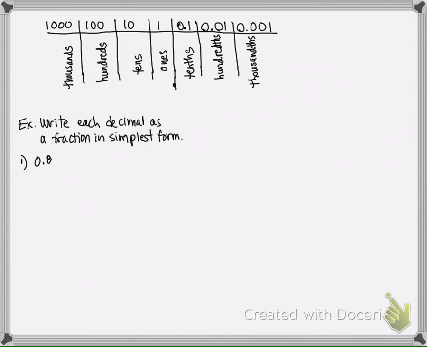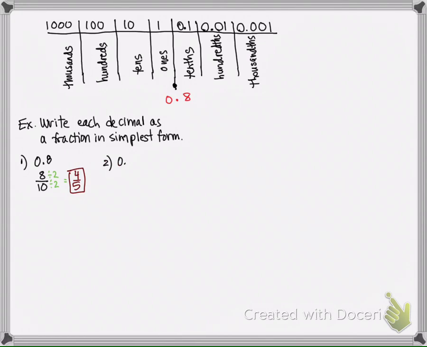Here's where the decimal point is, right? Okay, so if I have 8 tenths, it would look like that. So I'm going to have 8 in the tenths, so 8 tenths. And then I notice they're both even, so I can divide out a 2. And that gives me a final answer of 4 fifths.